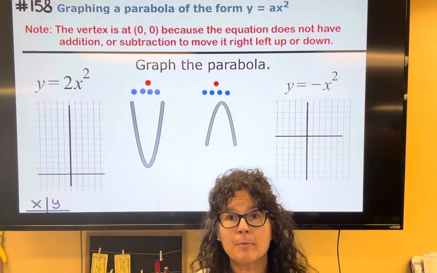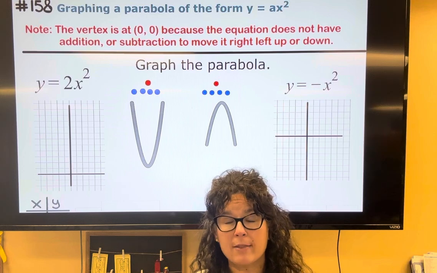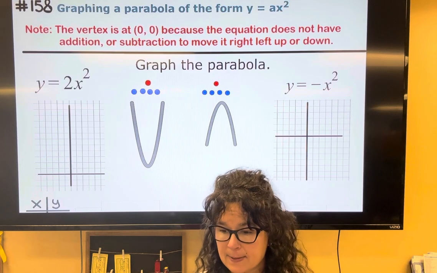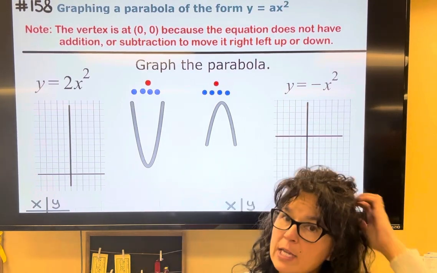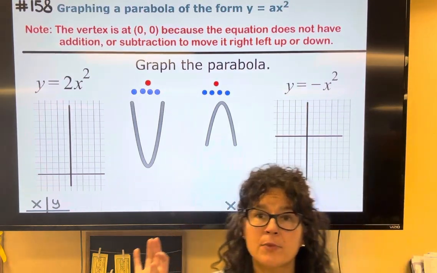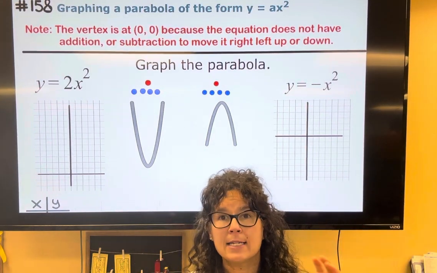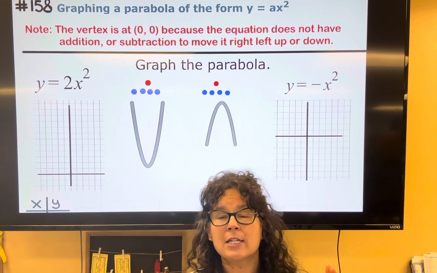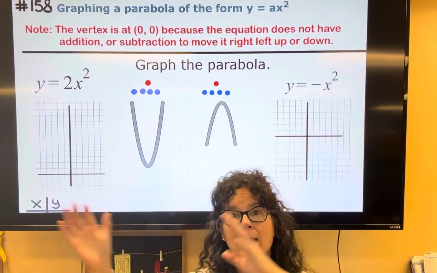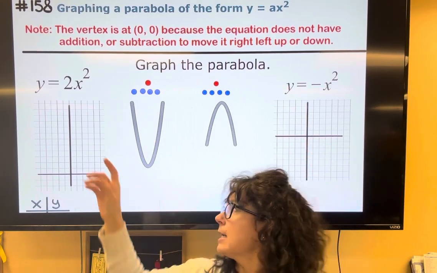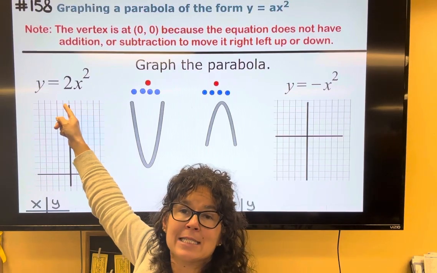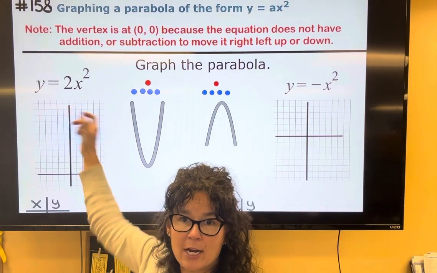Every time you graph a parabola, the very first point that you want to plot is the vertex. And something that we can use here as a shortcut is addition and subtraction is what moves a graph up, down, right, left. In this equation, I do not see any addition or subtraction.